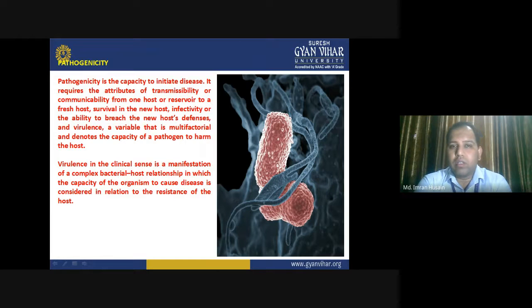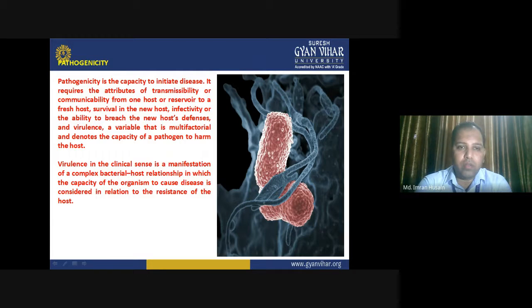Survival in the new host, infectivity, or the ability to breach the new host defenses, and virulence. So what they are talking about here: reservoir to a fresh host, transferability, survival in a new host. Once the bacteria enters the body, it has to survive inside it.